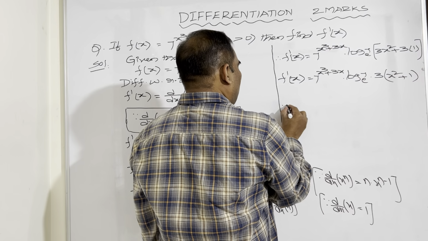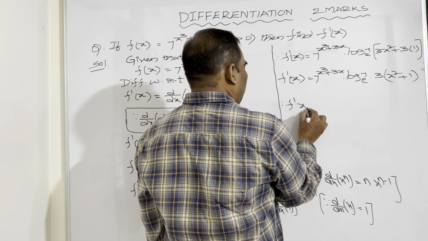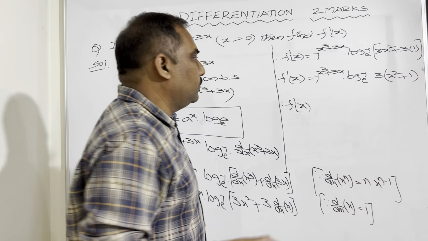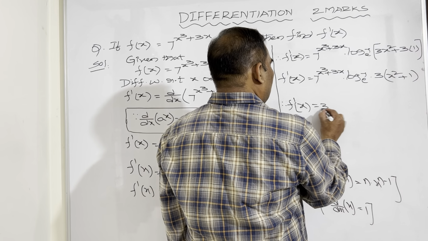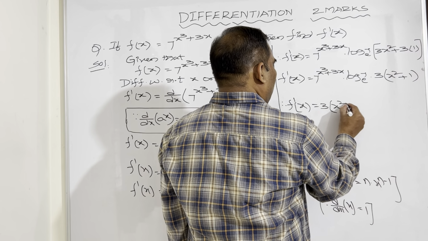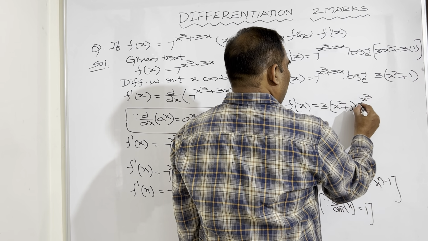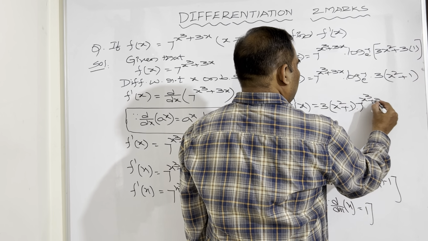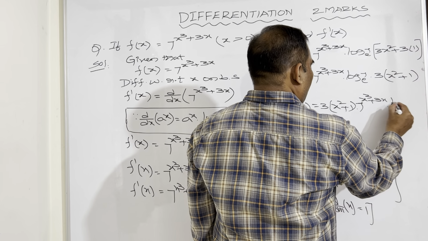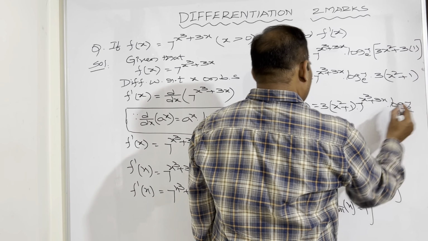So finally we can write, therefore f dash x is equal to 3 into (x square plus 1) into 7 to the power of x cube plus 3x into log 7 base e.